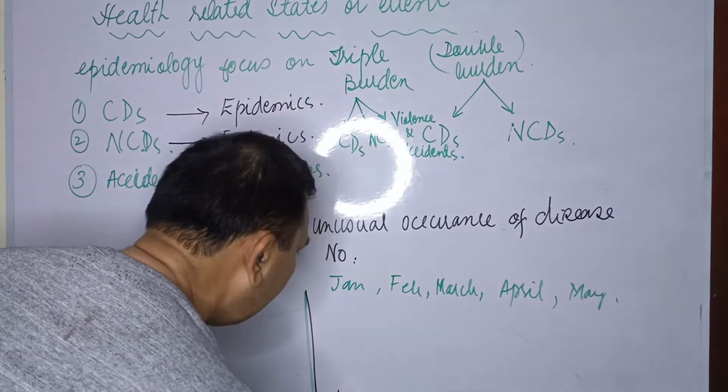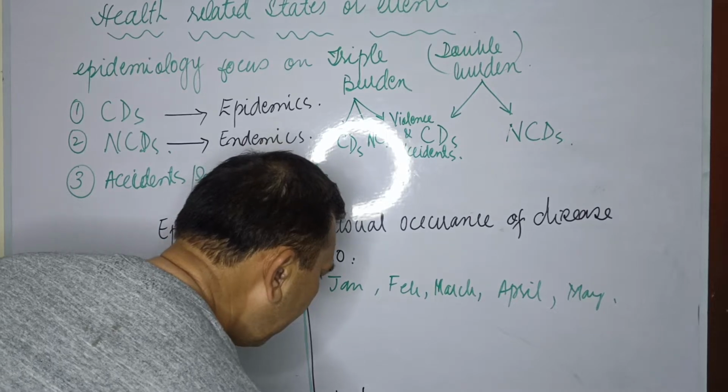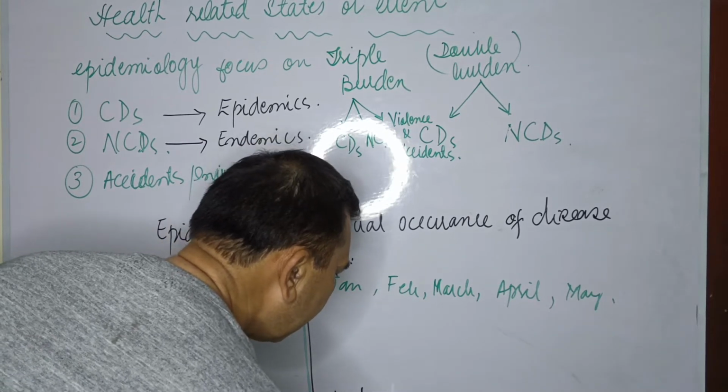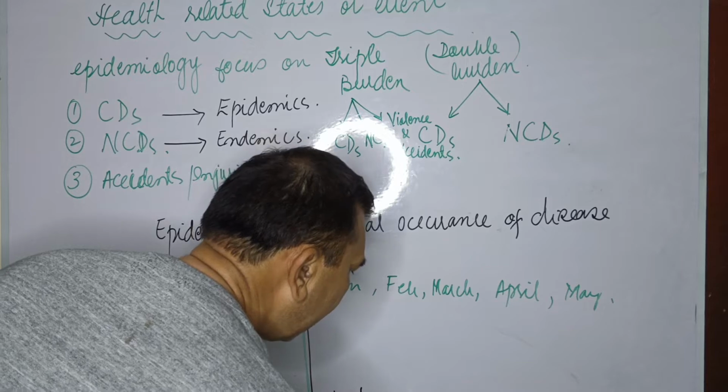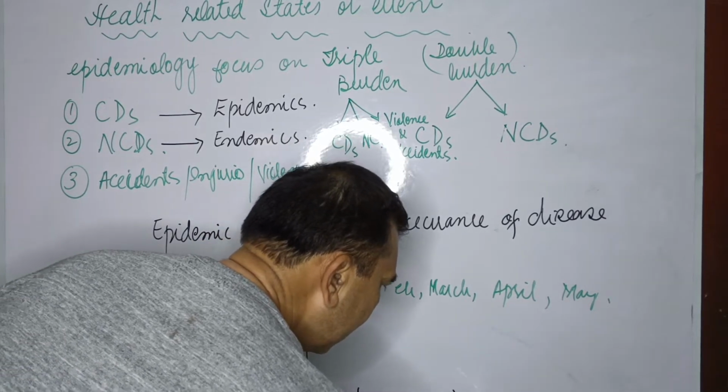Okay, this is the month of January, month of Feb, month of March, April, and May, and June.